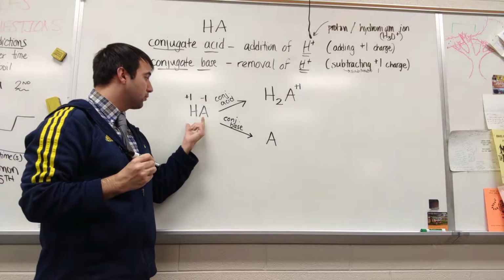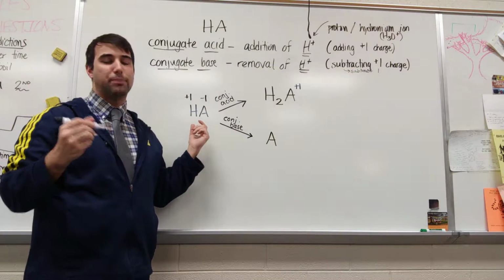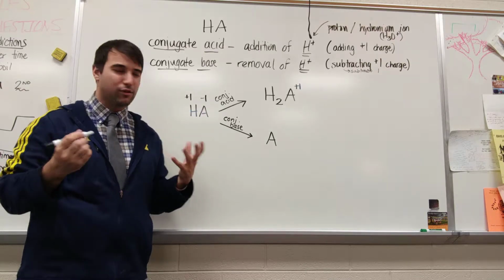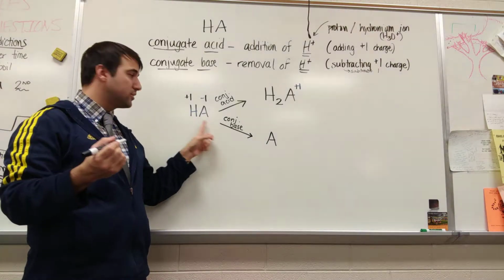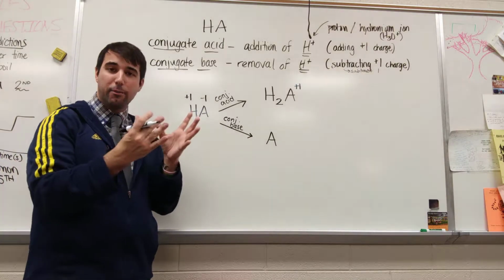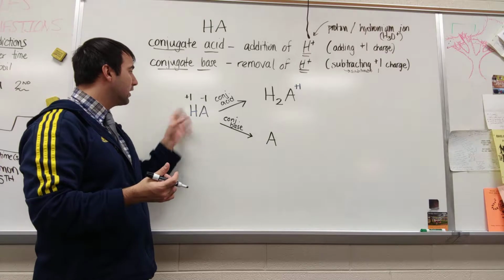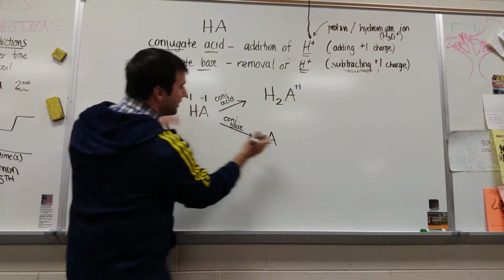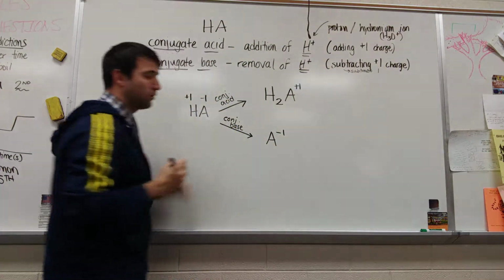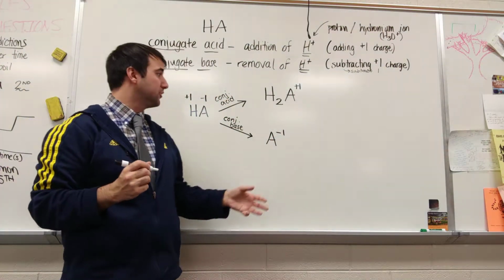Together, +1 and -1 make this a neutral compound. This is way back to chapters 3 and 4 when we were doing ionic and covalent bonding. The sum of the charges typically needs to equal 0. So if I remove H+, I'm going to be left with A-. That's going to be my conjugate base.